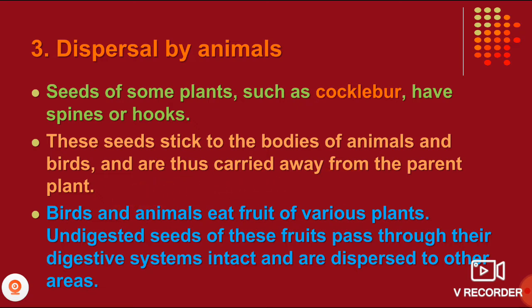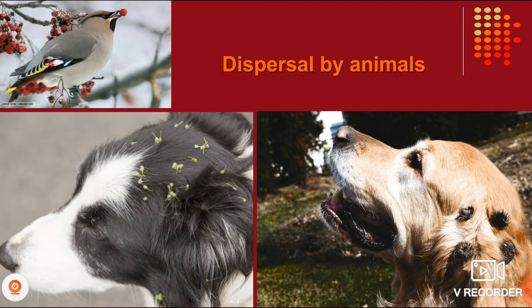Another way birds are very helpful: they eat the seeds or fruits of various plants, and it goes to their digestive system and remains intact, or most of the time only the outer covering gets digested, and once it comes out through their excreta, it grows. In that way animals and birds are helpful.